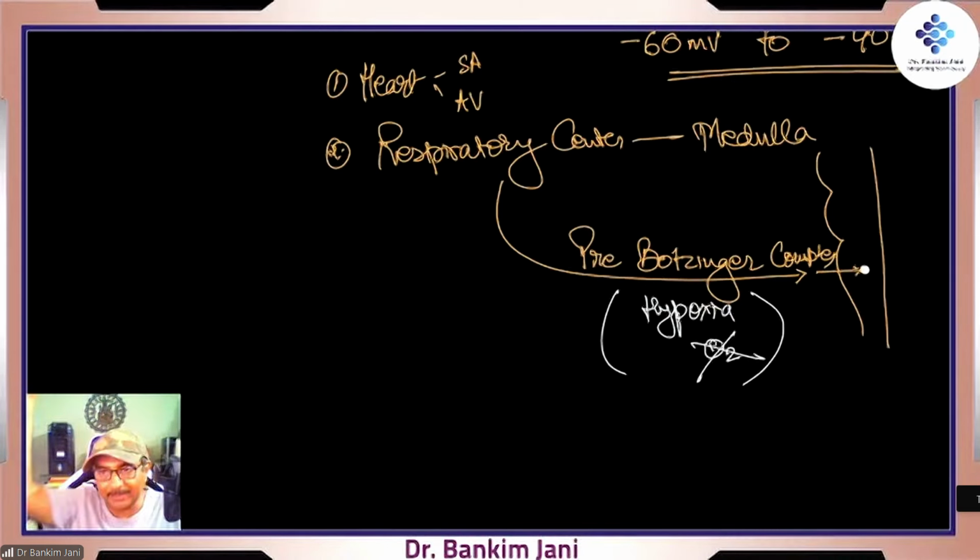And out of that entire brain, this particular area, the respiratory center, is the most sensitive of all. This is why, if a patient of heart attack comes, the first thing needed is pressurized oxygen, right? Because he is not breathing.